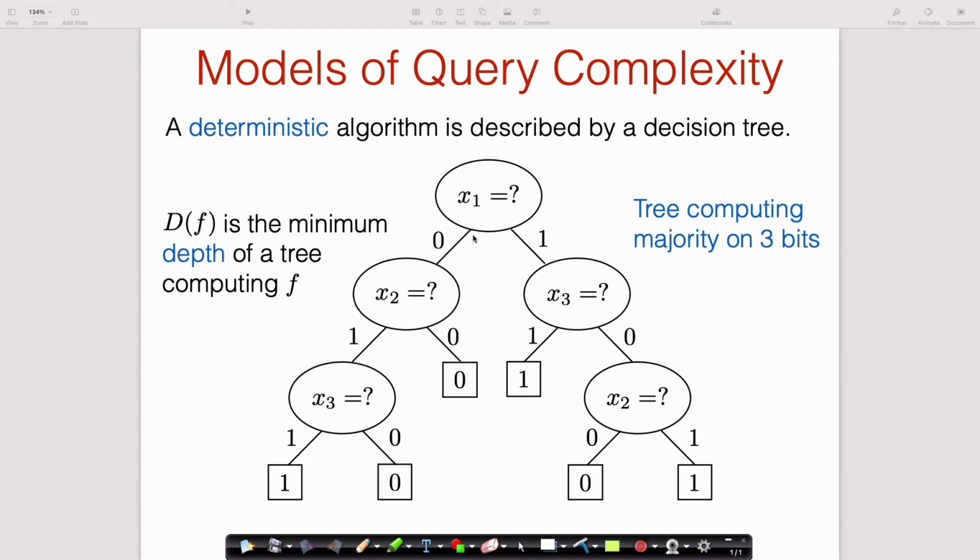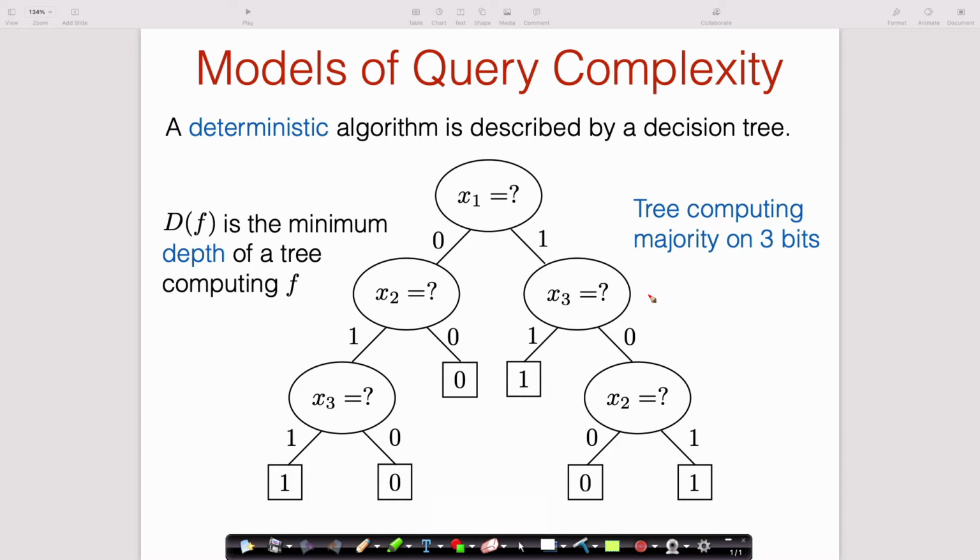Then our tree can branch on that answer and decide to ask what another bit of the input is. For example, if the answer is 0 to the value of x1, then we can ask the value of x2. And if the answer is 1, then we could ask something different, like the value of x3. Now in this case, this is actually a deterministic query algorithm computing the majority function on 3 bits.